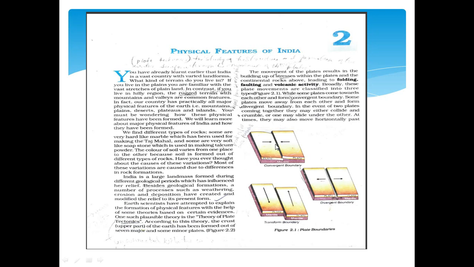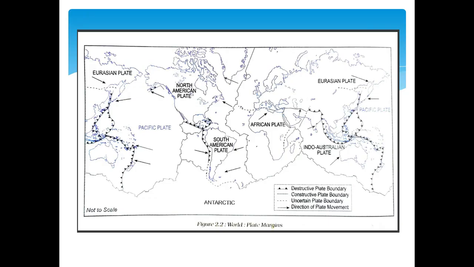That valley remained there, but slowly it was filled with sediments. From the Himalayas, so many rivers are flowing, and all these rivers are carrying a lot of sediments, and along with the water the sediments come and fall into this valley that was formed by the folding up of the Himalaya.